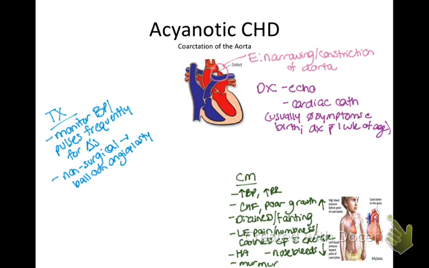If the balloon angioplasty doesn't work, then we can do surgical. Or if it's a really bad constriction where they don't think the balloon angioplasty is going to work, they can do surgery. And basically surgery is they just cut out the defect itself. So they're going to go in there and cut above it and below it.